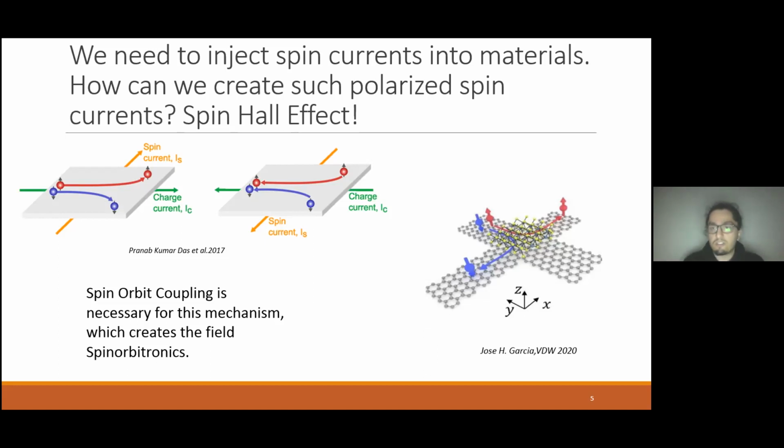It has a crystal structure, and inside this material there is a spin orbit coupling, and it separates the upspins and downspins. Then we will have a spin current. We can inject spin current inside the material. So spin orbit coupling is the most necessary for this mechanism, which creates the field of spin orbitronics.